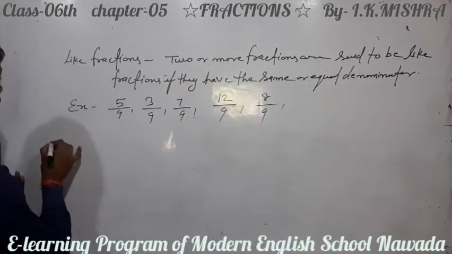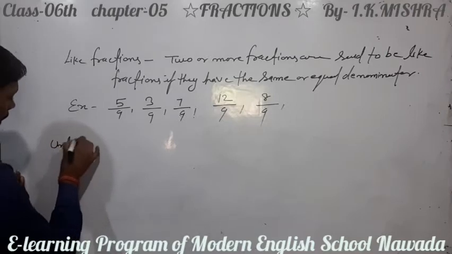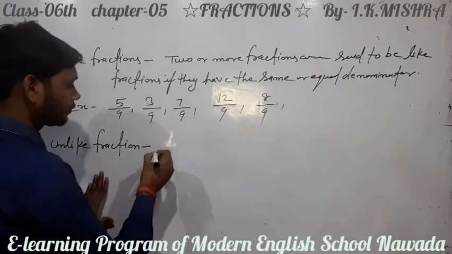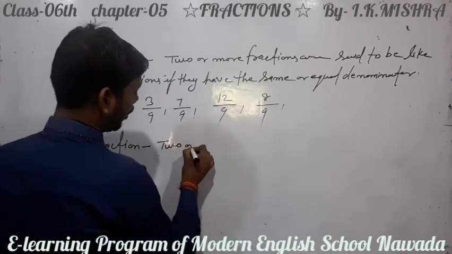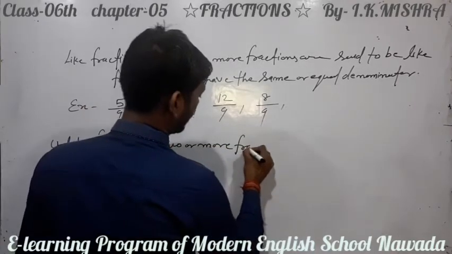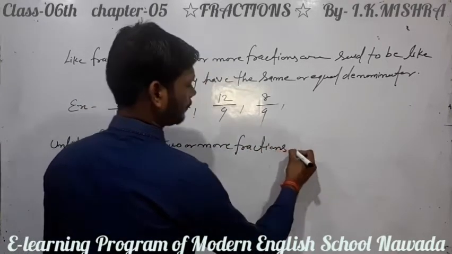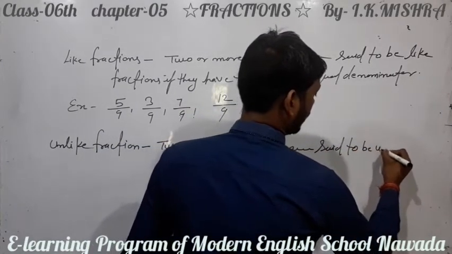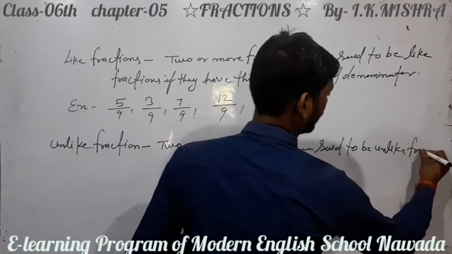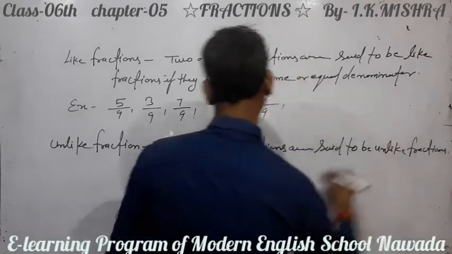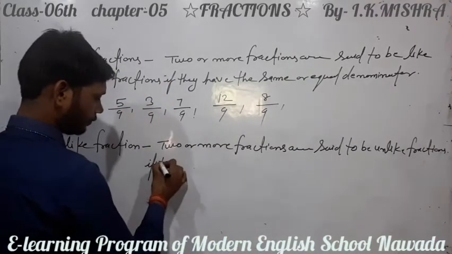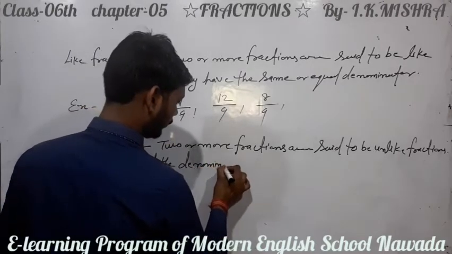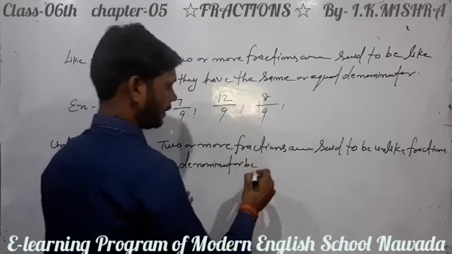Two or more fractions are said to be unlike fractions if the denominators are different.